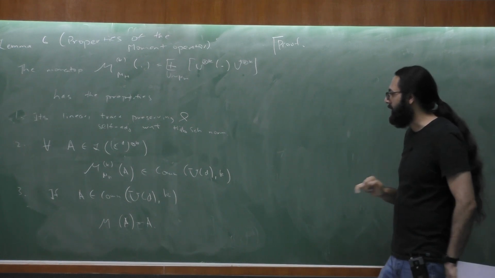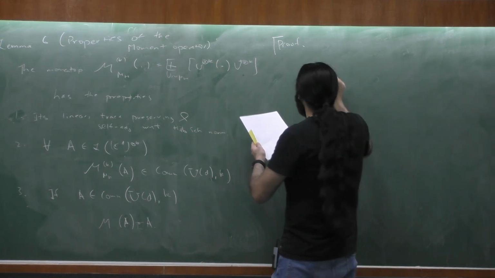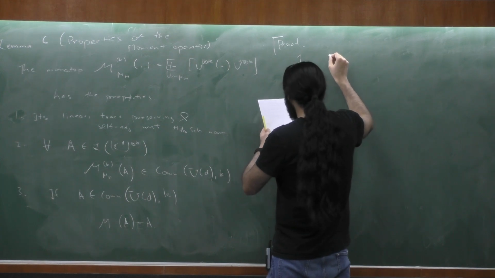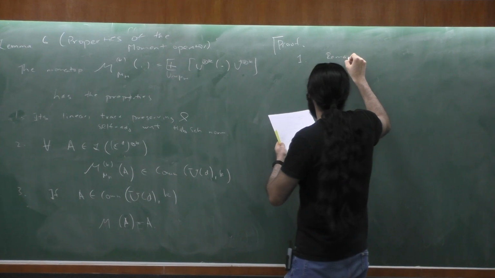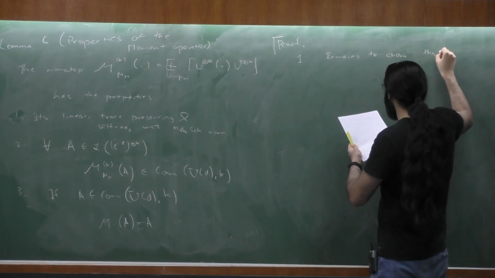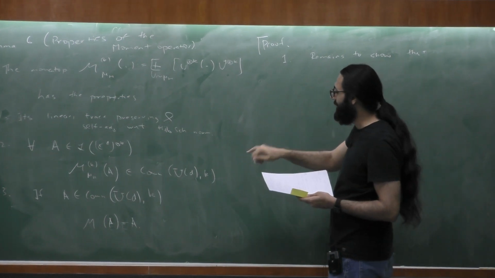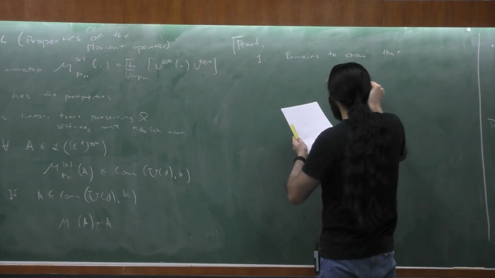And so the self-adjoint part is what we want to show now. It remains to show that, I'll just write M sub K, because it's a bit quicker than writing mu sub H every time.